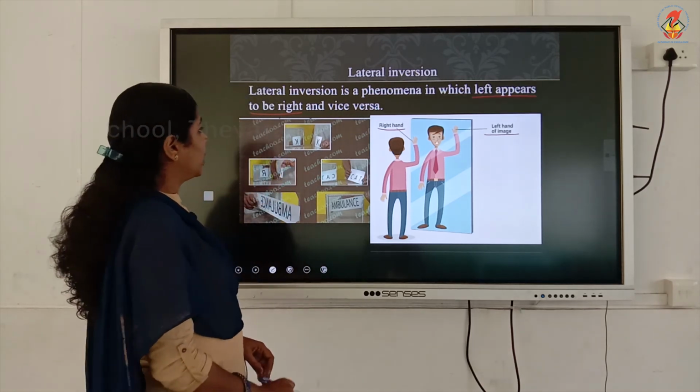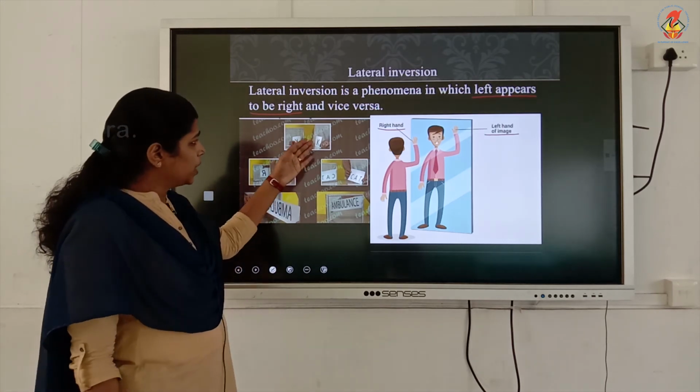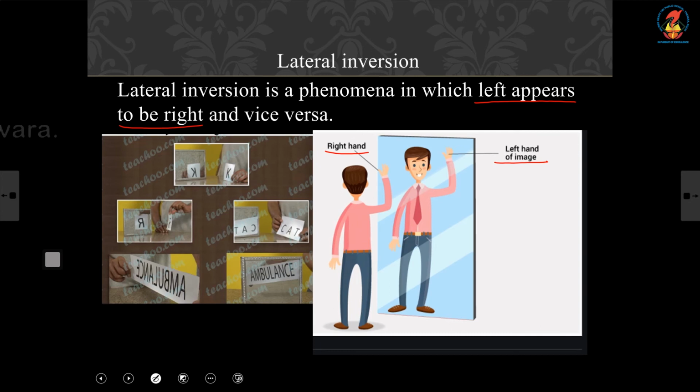If you write alphabets on a paper and keep it in front of the mirror, you will get the mirror image of those alphabets. Here the alphabet K looks like this. Here the word cat is written, and if you place it in front of the mirror, a mirror image will be formed.